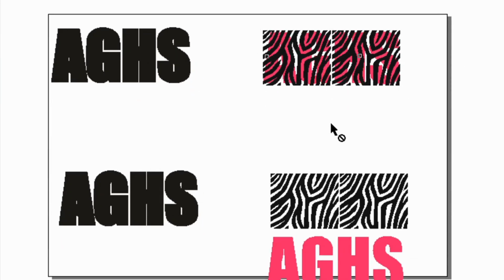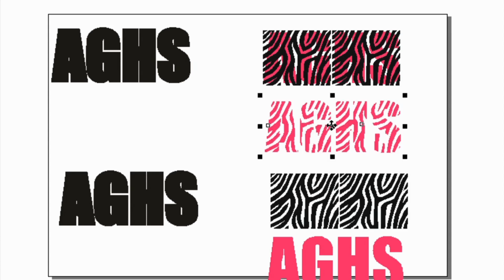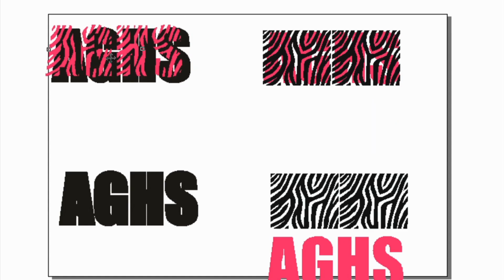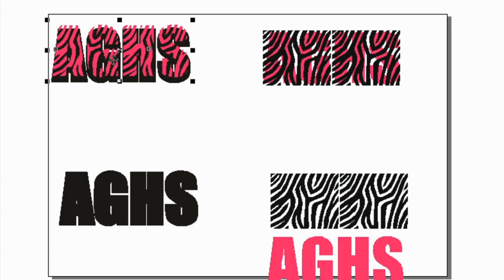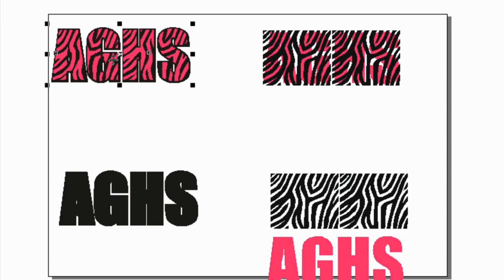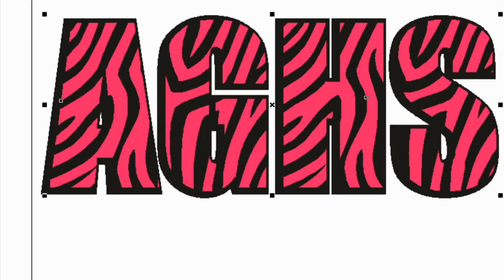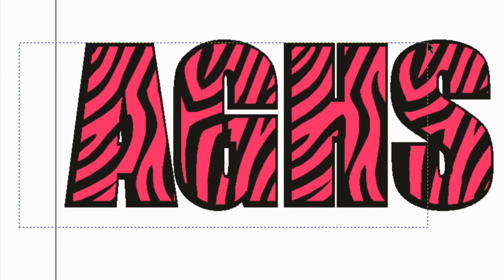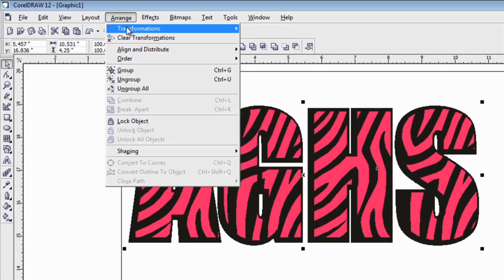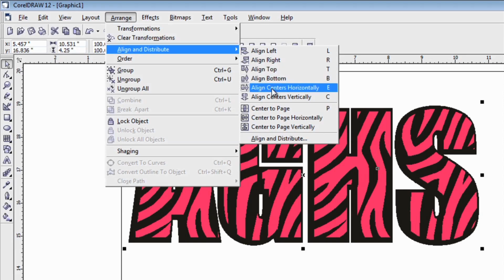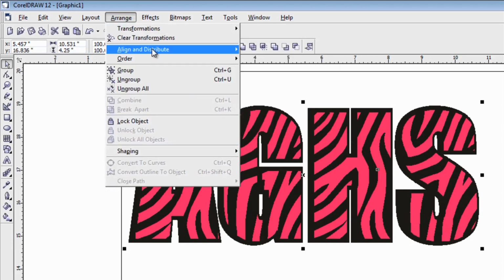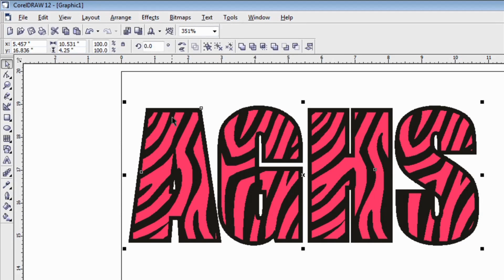Basically, it punches out the pattern from the 2 things that are overlaid, creating my zebra print pattern, which in turn can be dropped directly on top of my text. I'll just use my arrow keys on my keyboard to register it. And when I zoom in, obviously all this layout's going to happen in the heat application process, but if you wanted to see perfect alignment, you would just select both, go to Align and Distribute, and align them horizontally, and also align the centers vertically.